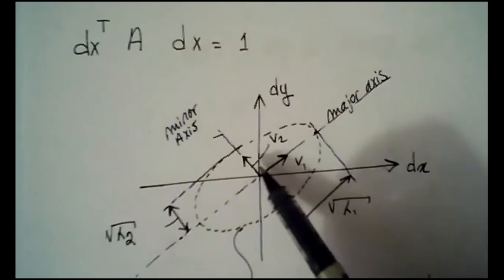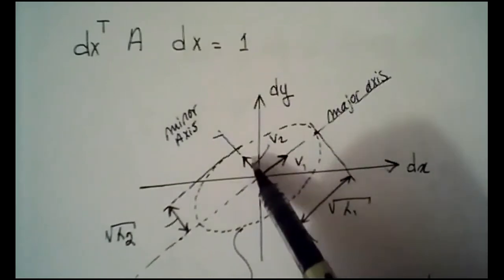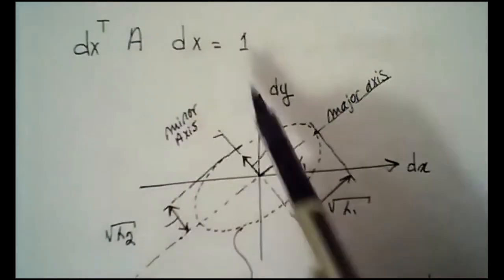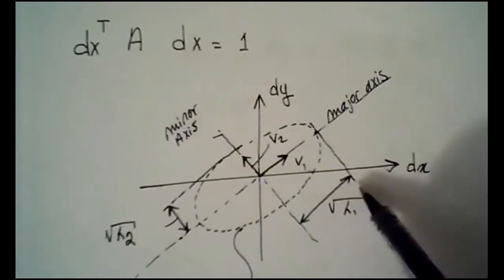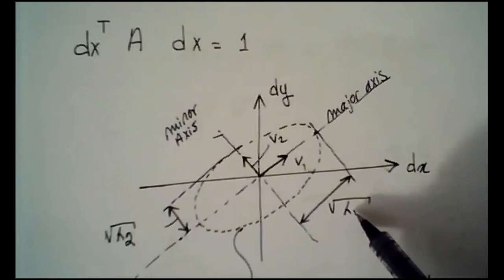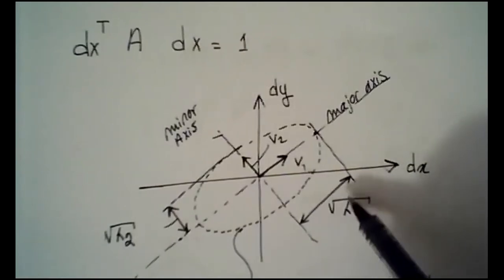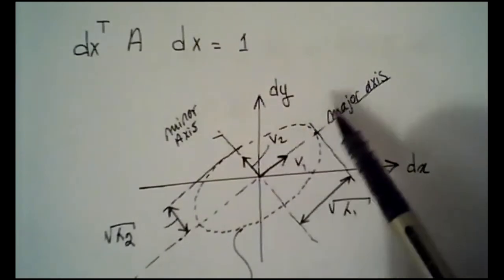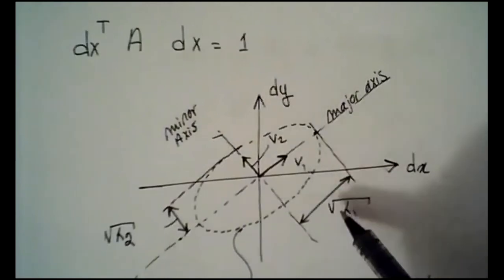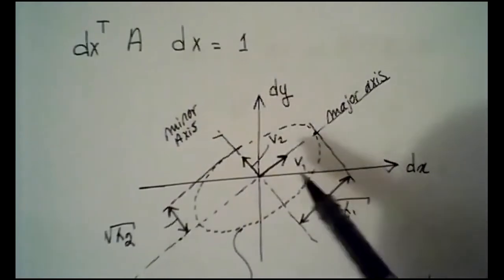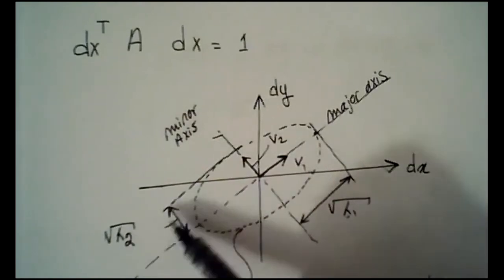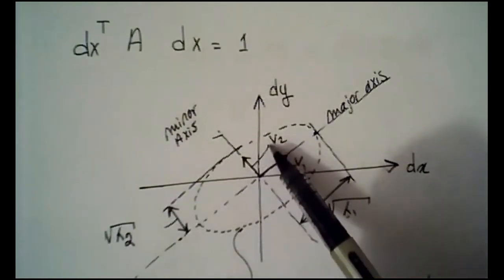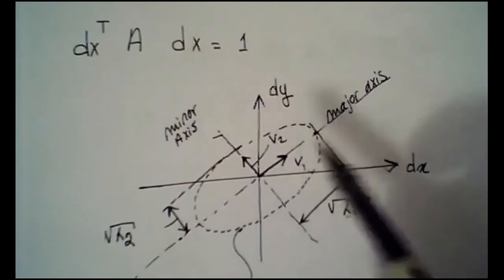So V2 is the minor axis, which is the second eigenvector of this matrix, and the radius or the length of this is the square root of the eigenvalue. So the square root of lambda is the radius of the major axis. This eigenvalue is associated with this eigenvector, and this eigenvalue, lambda 2, is associated with this eigenvector.